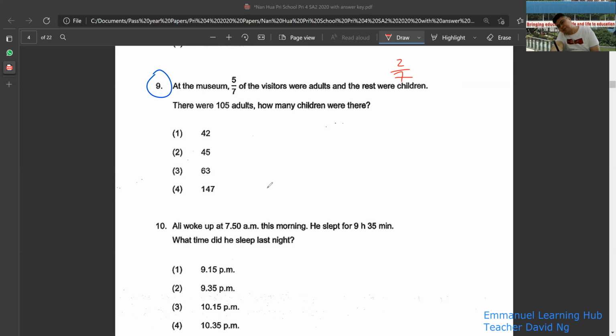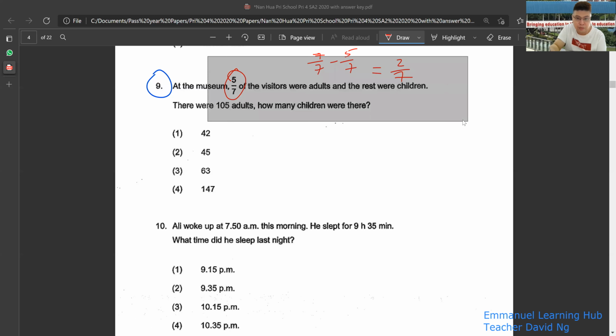You understand why 2/7? No. Because 1 whole is how many? 1 whole is 7/7. Minus 5/7 equal to 2/7. That's how you know it's 2/7. You get it now? Yes.